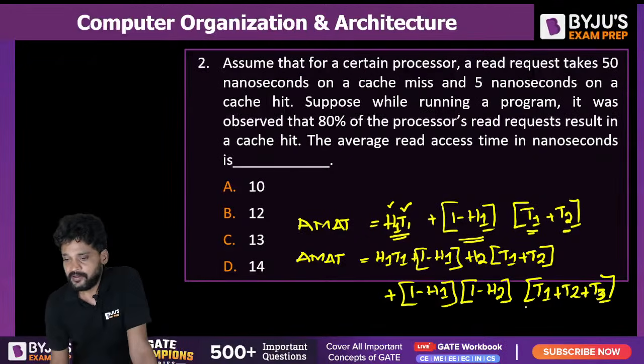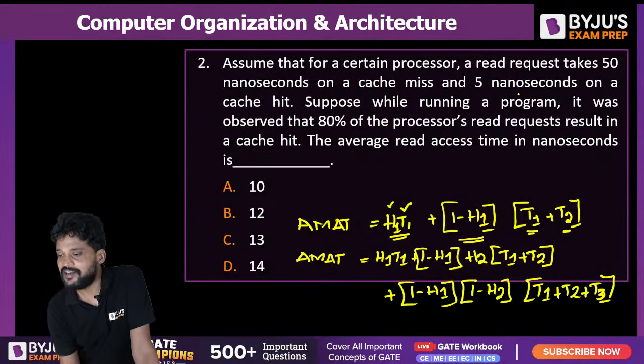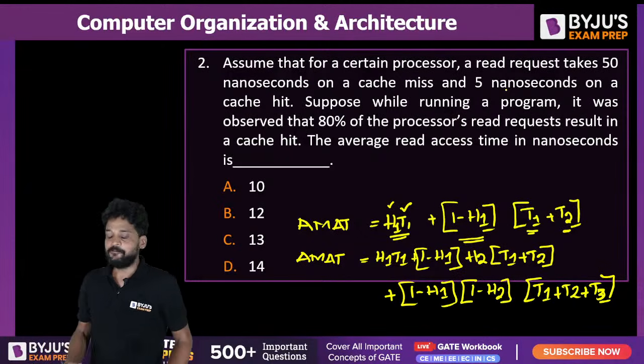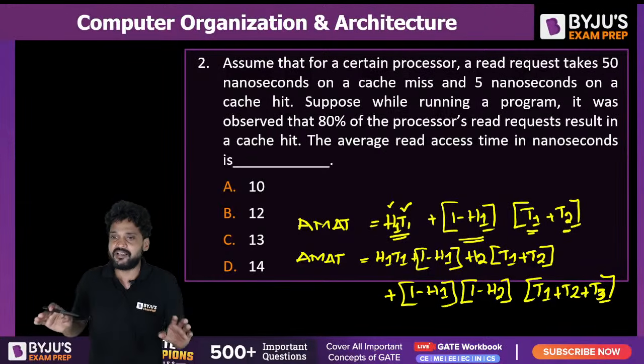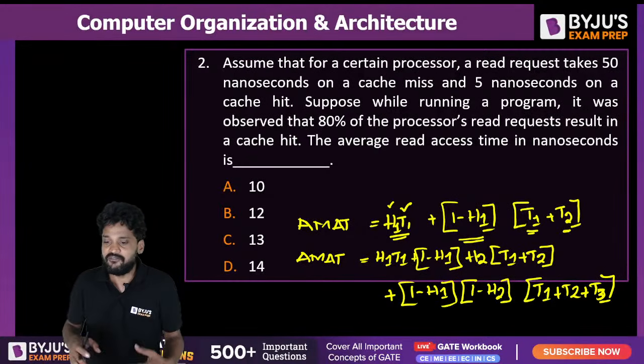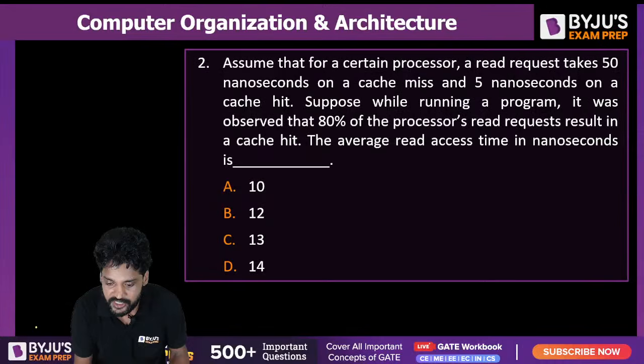But here, I guess we've been provided with only a one level cache. The question says a read request takes 50 nanoseconds on a cache miss and 5 nanoseconds on a cache hit. That means we have only a one level cache. We do not need to think about a second level cache because it is unnecessary in the context of the question.